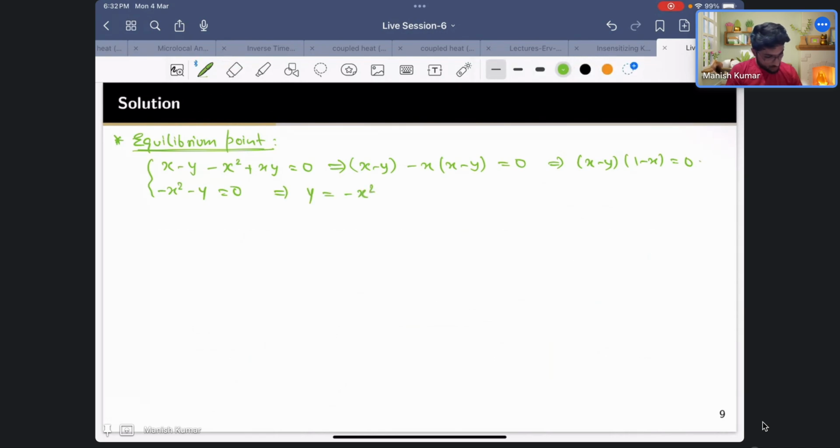So from 1 you have x is equal to y or x is equal to 1, right?